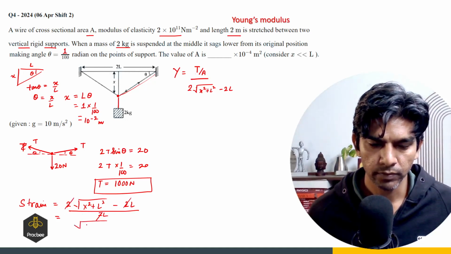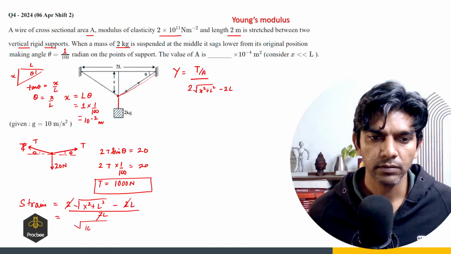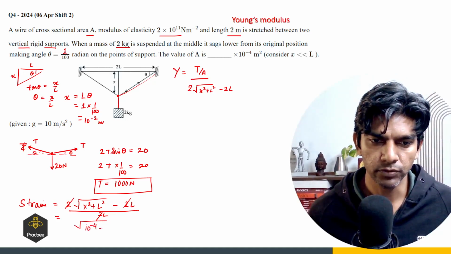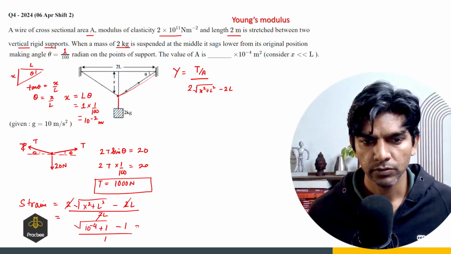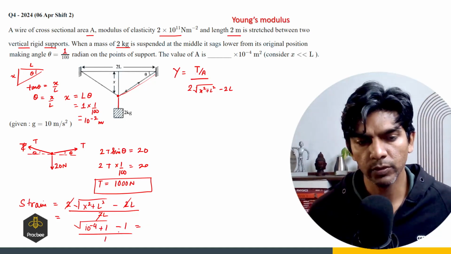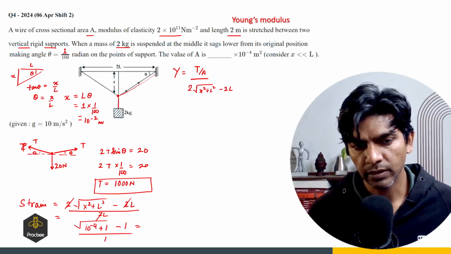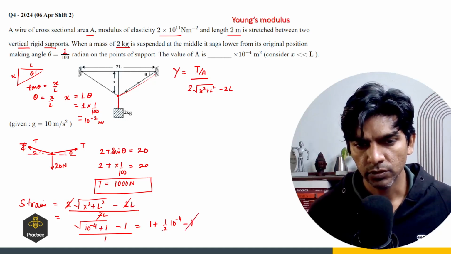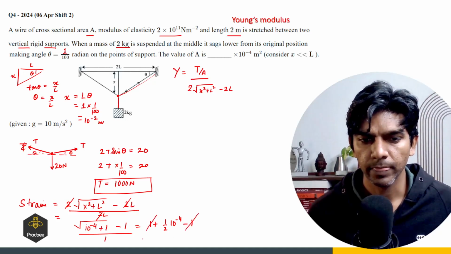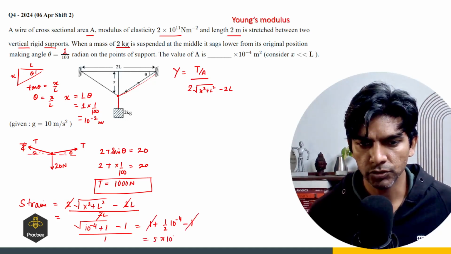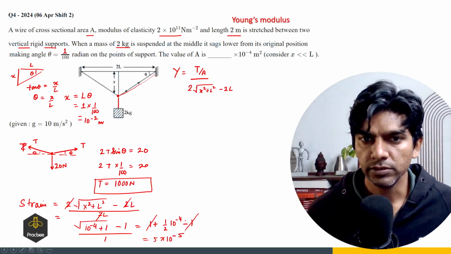Root of x square, which is 10 raised to power minus 4, plus L square which is 1, minus 1. We can apply the binomial approximation: root of 1 plus 10 raised to power minus 4 can be written as 1 plus 1 by 2 times 10 raised to power minus 4, minus 1. So this will get cancelled out, and it will be 5 into 10 raised to power minus 5. So we got the strain.